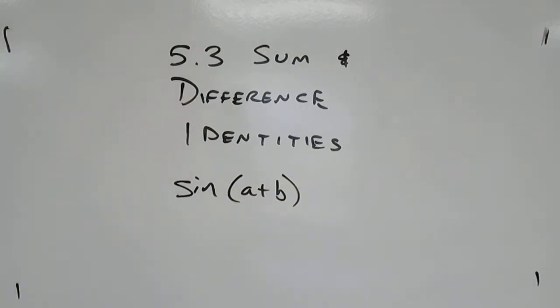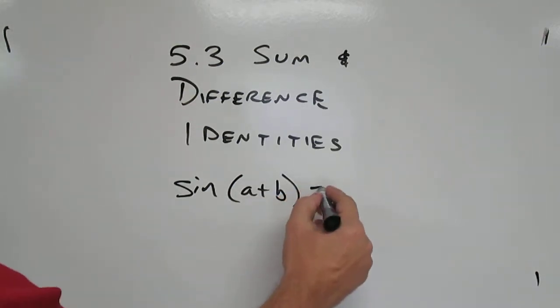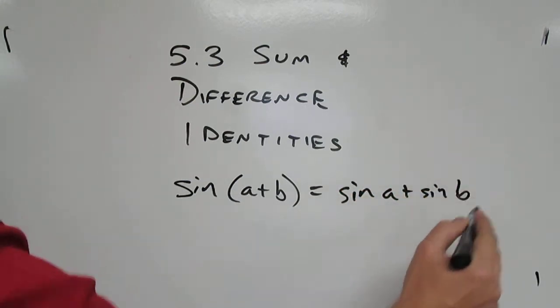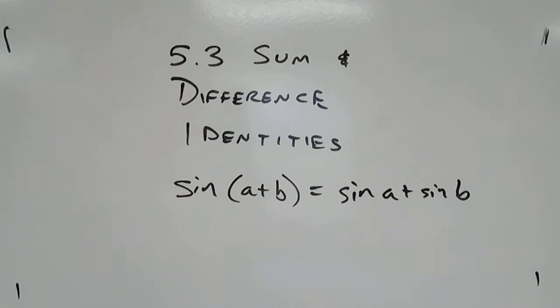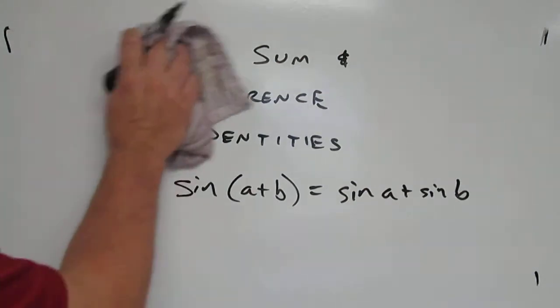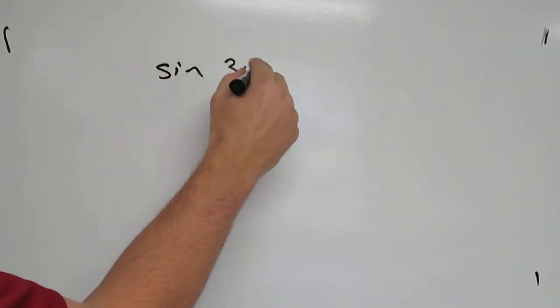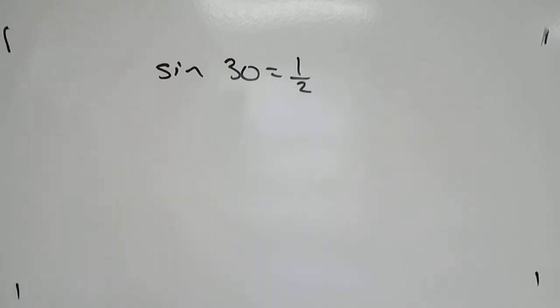Now, your first reaction might be, well, isn't that just equal to the sine of A plus the sine of B? But I think I can prove to you pretty quickly that that's not going to be true. Okay, so let's take the sine of 30 degrees, which if you set up a reference triangle, you'll find is equal to 1/2.